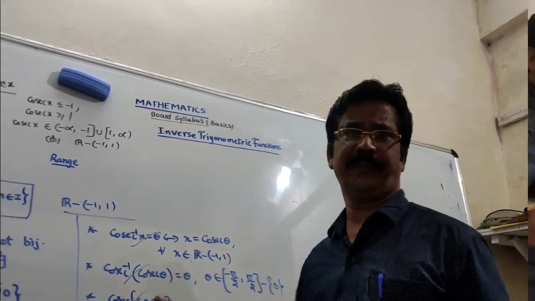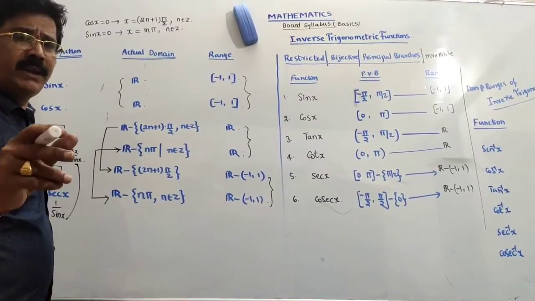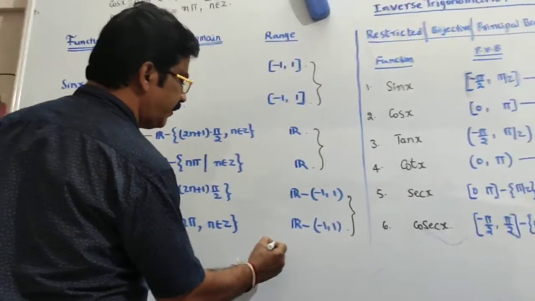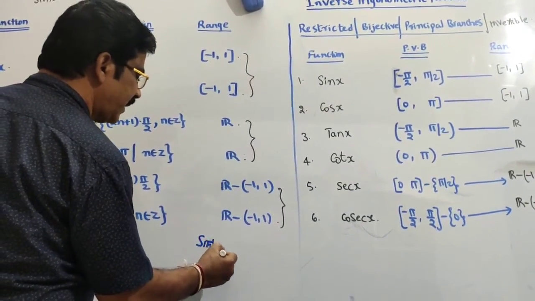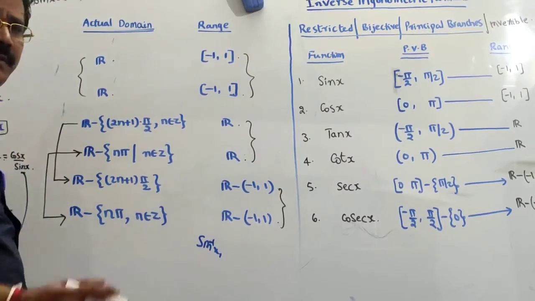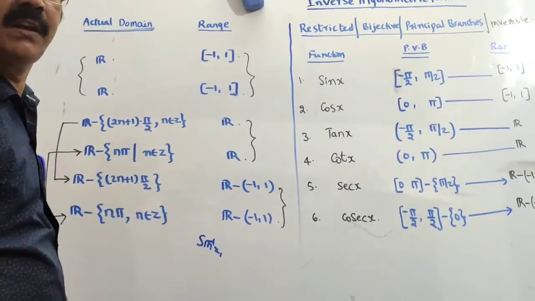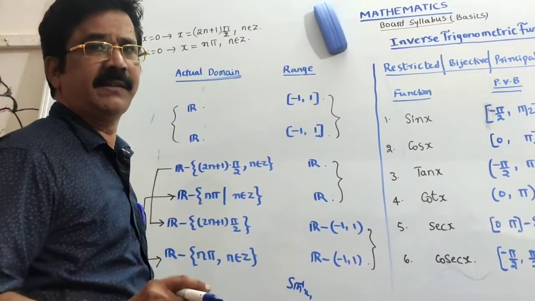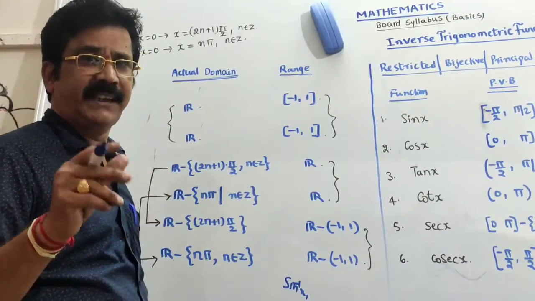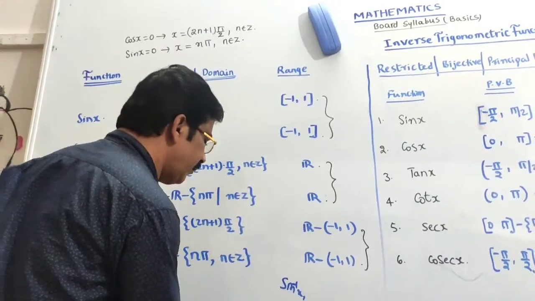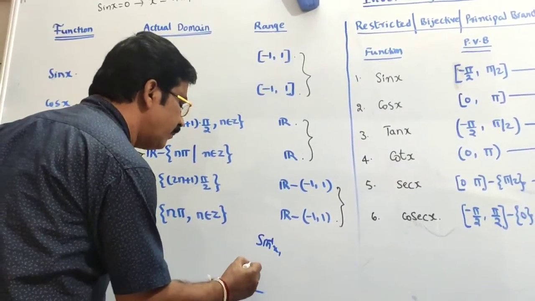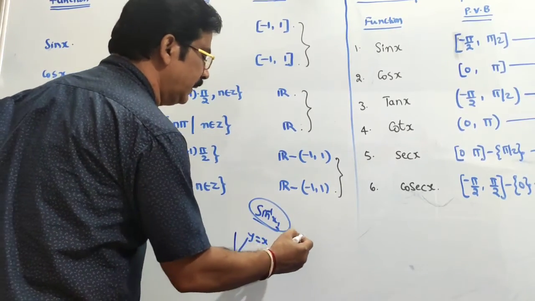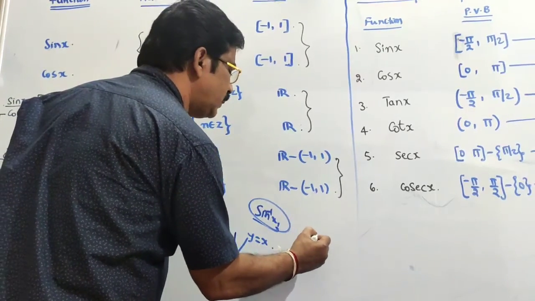This is the lesson. How can we obtain or plot the sin inverse x graph, or cos inverse x graph, similarly the cosecant inverse x graph? Two methods are there. One method is interchanging the x and y axes. Second method, by treating y equal to x as a mirror, we can obtain the sin inverse x graph with respect to y equal to sin x.